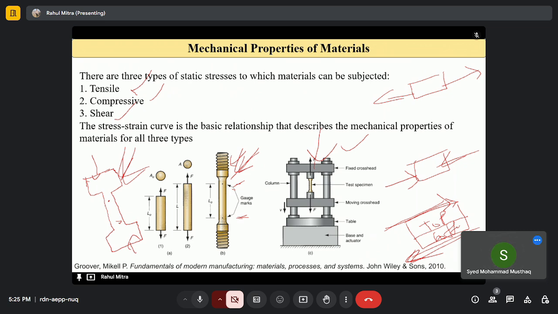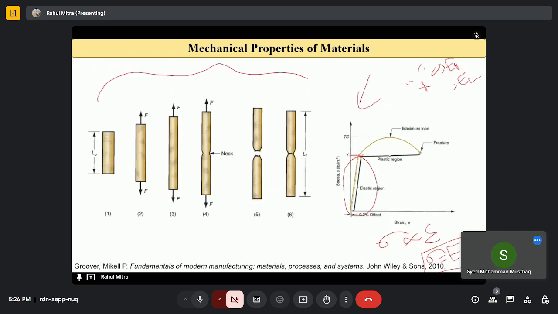So some societies have declared standards to follow. In this test, the force is applied that probes the material.